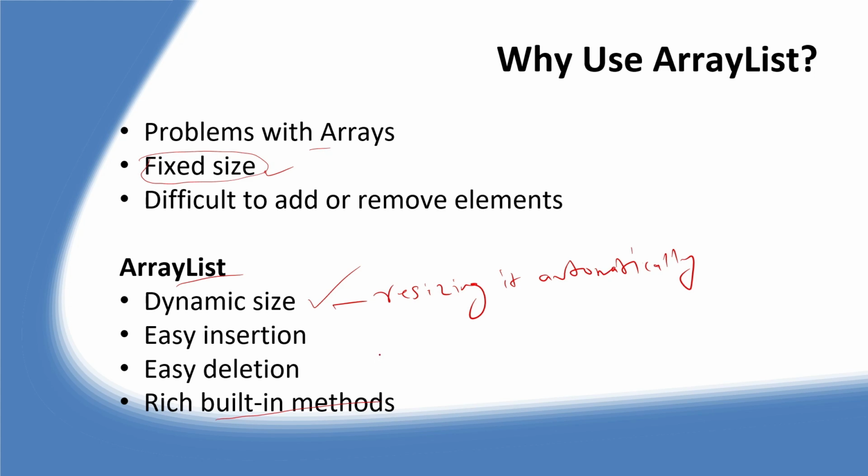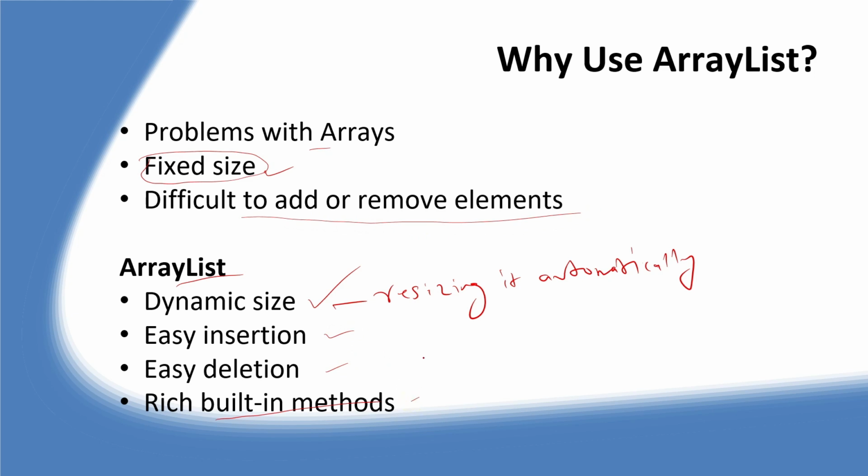So these are the basic differences between the array and the ArrayList, and the remaining difference is that in arrays it is difficult to add or remove elements. Insertion and deletions are quite easy with the built-in methods.